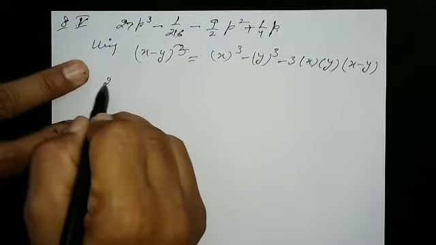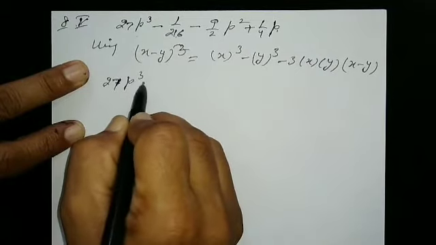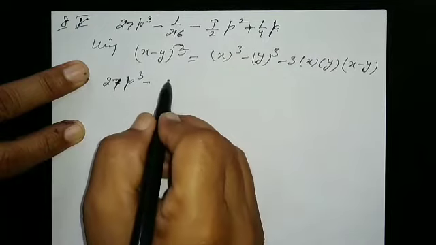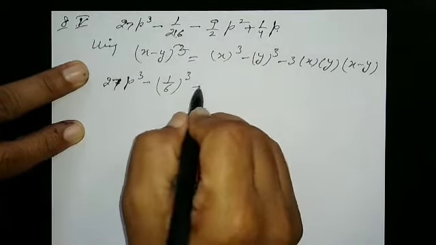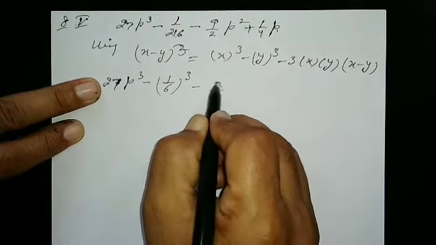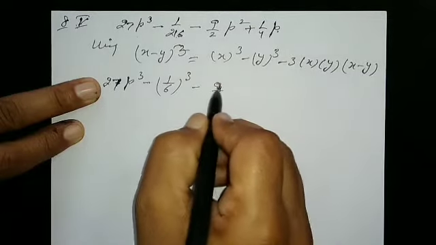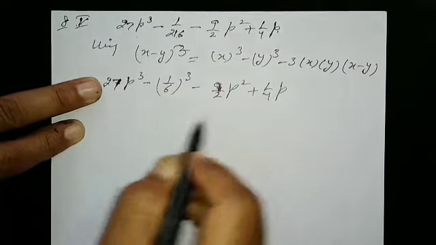So we can write this as (3p)³ − (1/6)³ − 9/2 p² + 1/4 p.